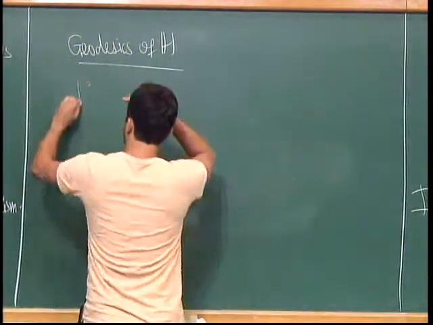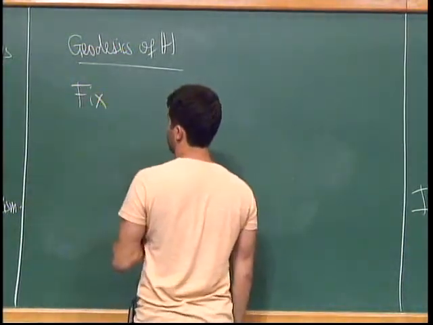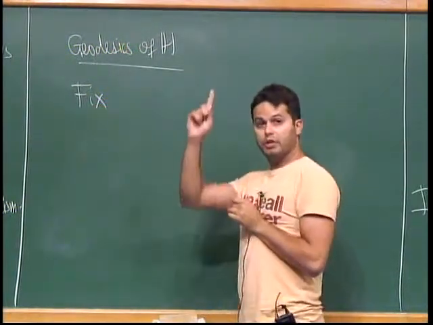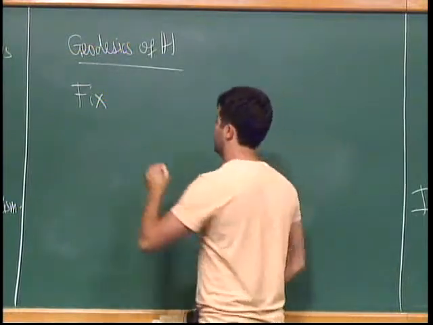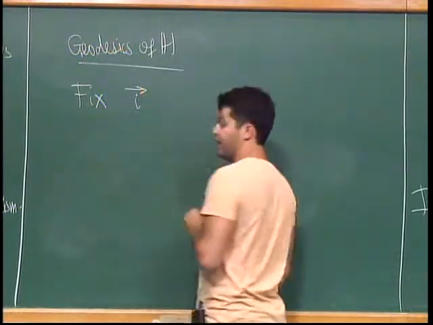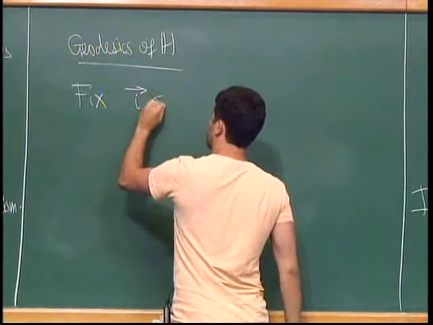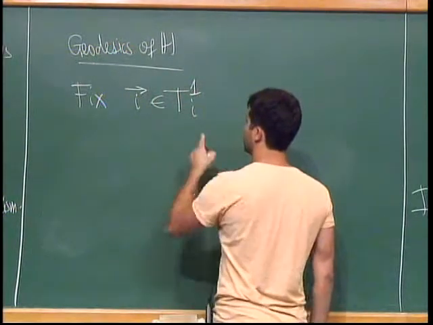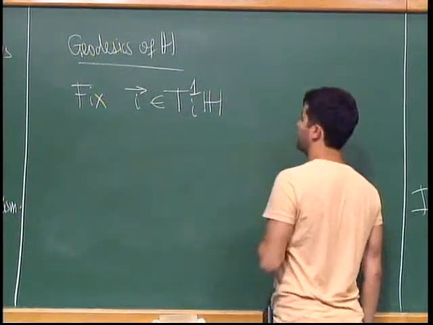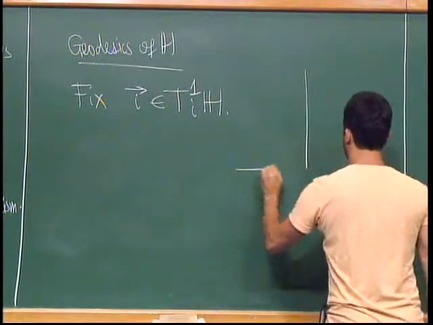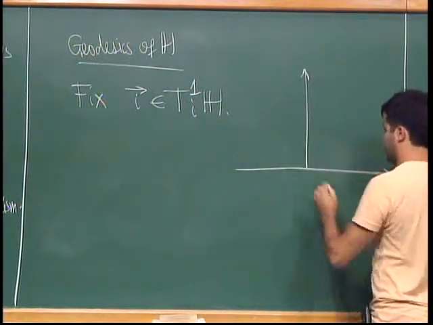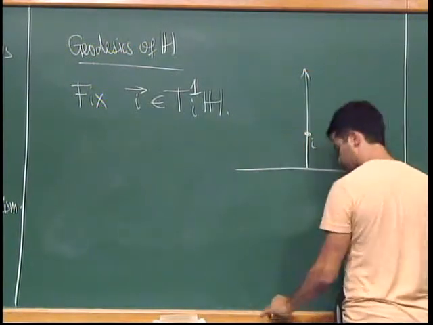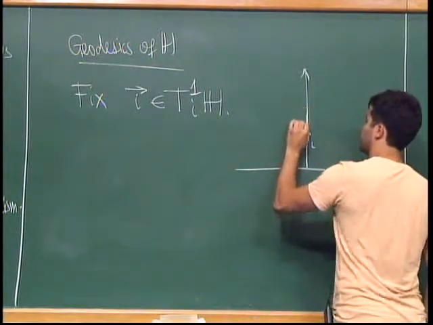So, let's fix one of these guys. Let's say that we fix the basis point to be I and this direction to be pointing upwards. So, actually, I'm going to fix a vector. And this vector is a unit vector tangent at the point I of the hyperbolic space. So if you have the drawing here of the hyperbolic space, you are in this basis point, and the vector you are considering is this.